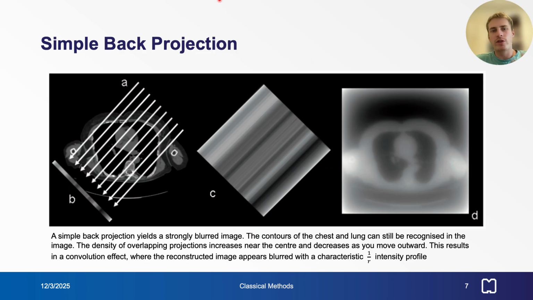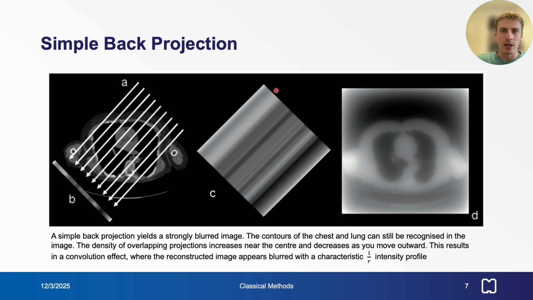So if we start with just simple back projection, on the left we can see a set of parallel projections through a patient. Now for each projection, the sum of the products of attenuation coefficients and pixel sizes is measured. And this is measured for different projection lines through the patient and at a range of different angles.